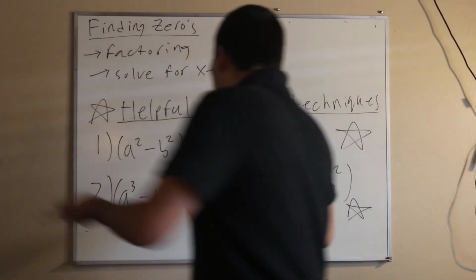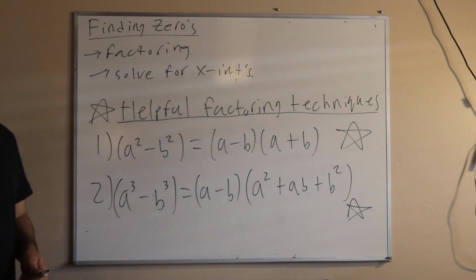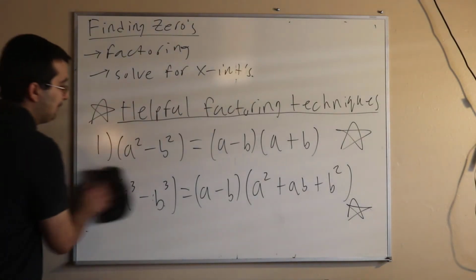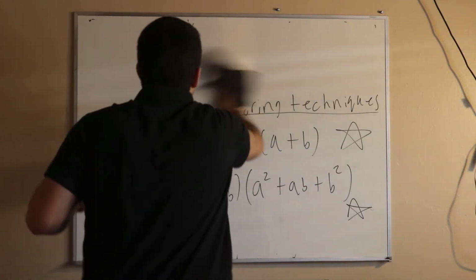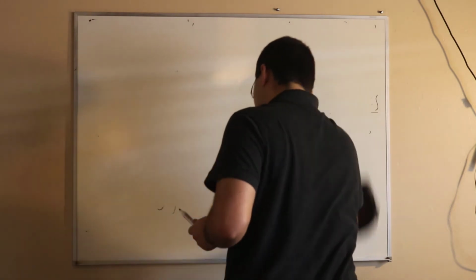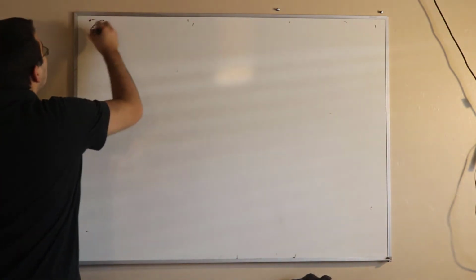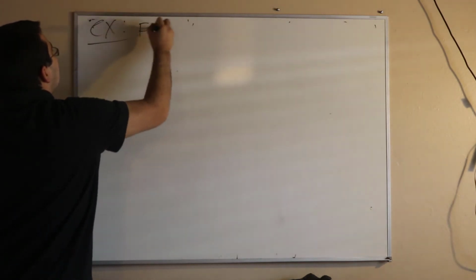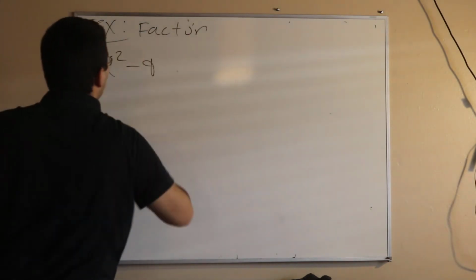Alright, so let's go ahead and just do 2 quick examples with them. If you haven't done so already, go ahead and pause the video and get these copied down. Okay. So let's go ahead and use these real quick in a quick example. Let's factor x squared minus 9.